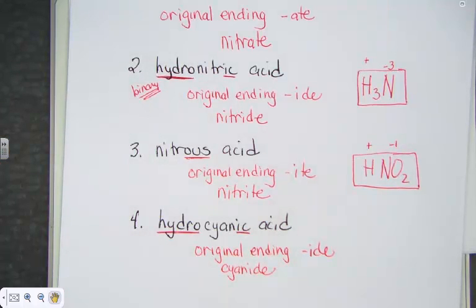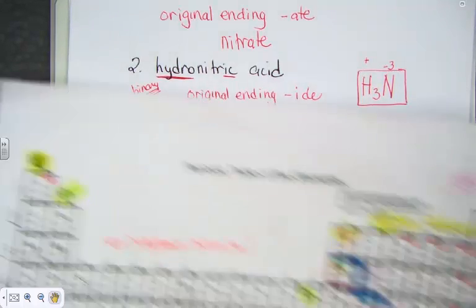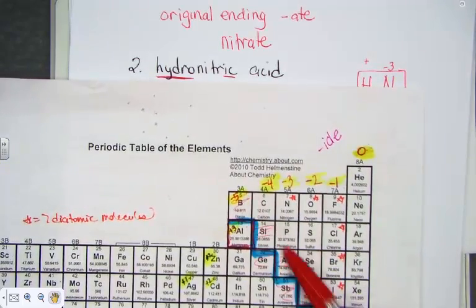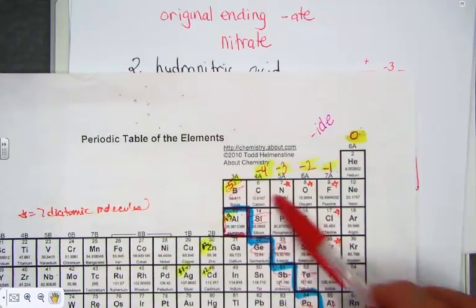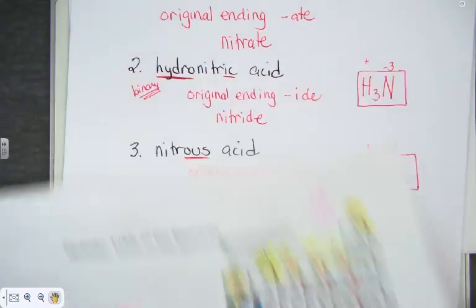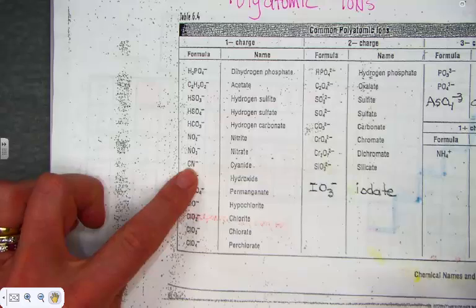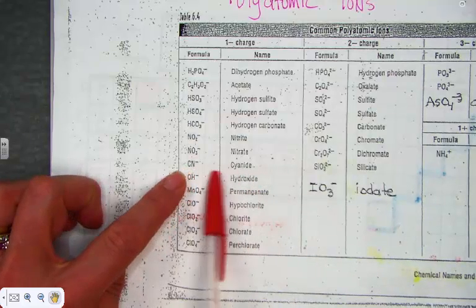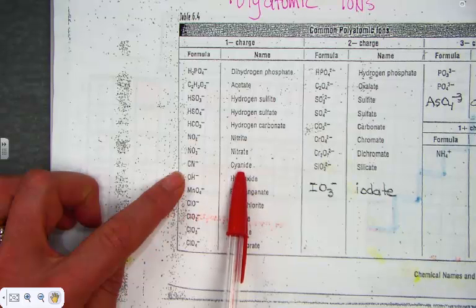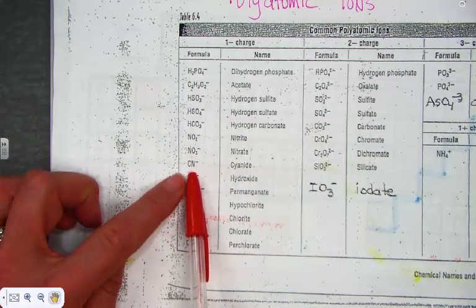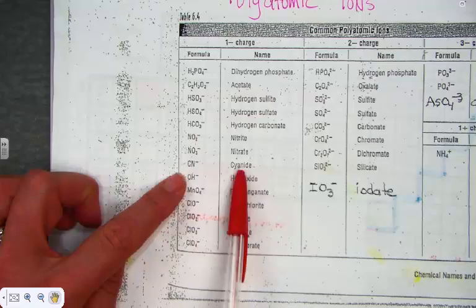Cyanide. Now most of the time IDEs are indeed binary acids. But when I start finding the element called cyanide, it doesn't exist over here. That's one of those rule breakers on the polyatomic. Remember hearing cyanide? It's a polyatomic ion that ends in IDE. Its formula is CN-1.